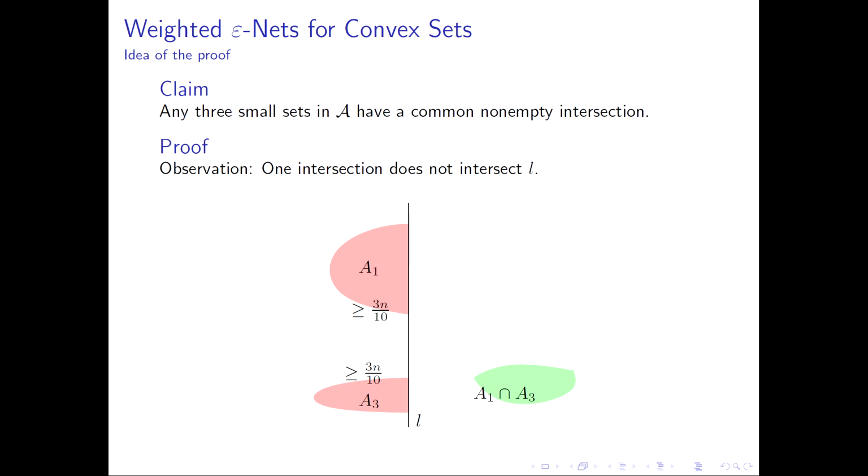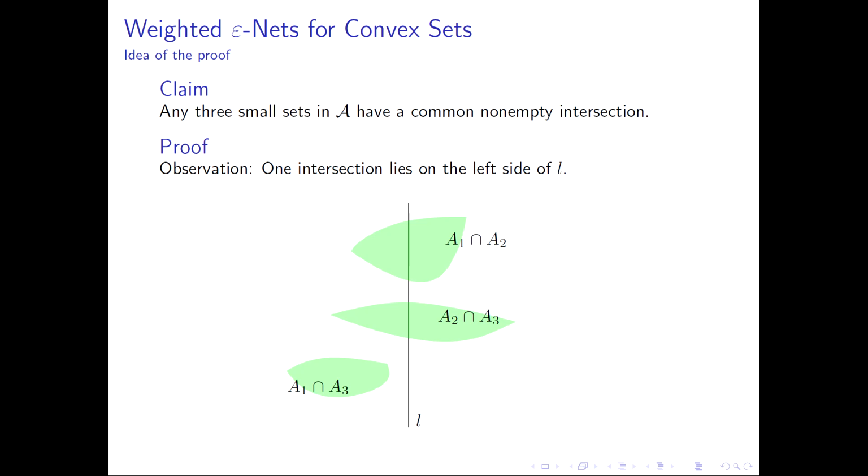So as no intersection can lie on the right of the line L, the last possibility is that A1 intersected A3 lies on the left side. However, A2 was also put into the class A, hence we again know how many points there are, and we again get a contradiction to the fact that L is a halving line. So our assumption that there were three sets, A1, A2, and A3, with no common intersection led to a contradiction.